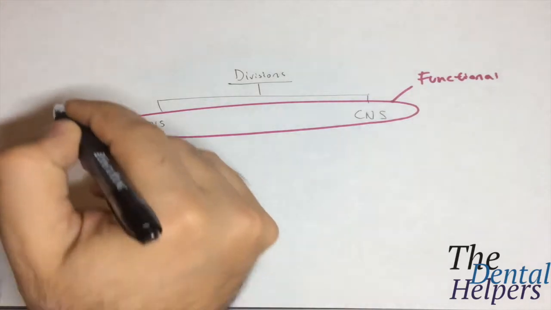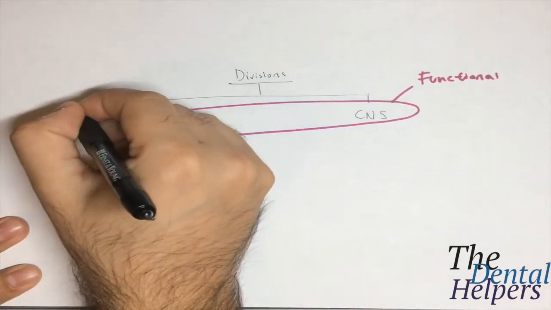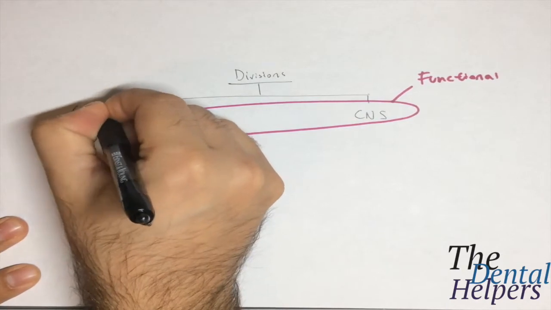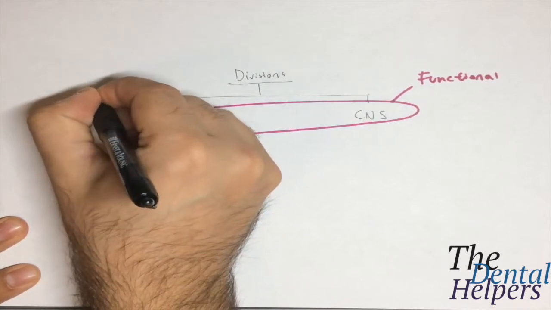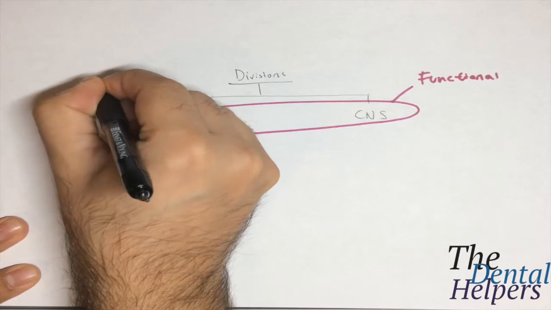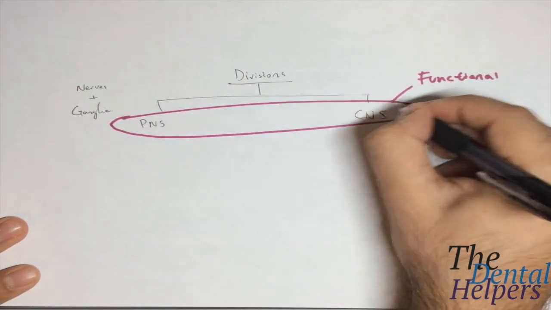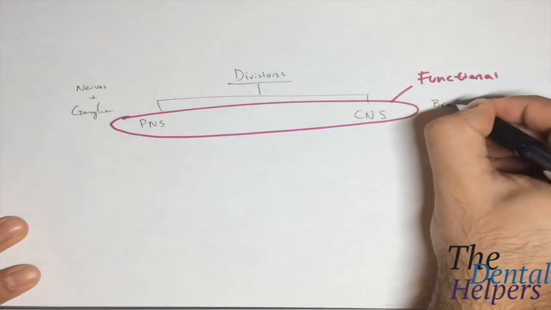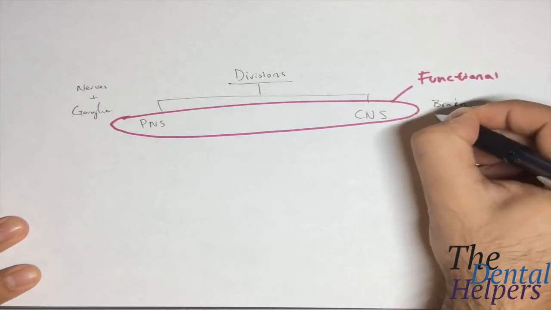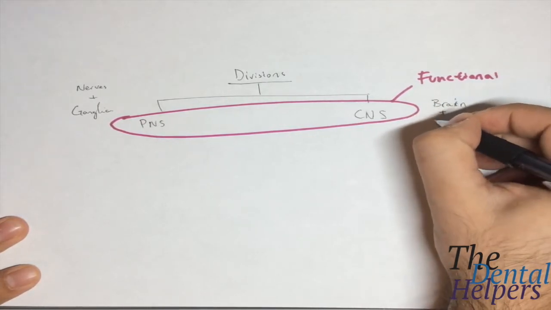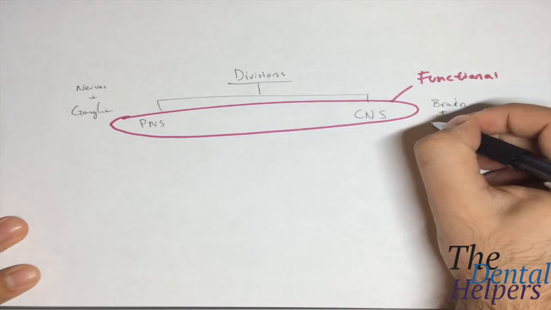And so if we look at the PNS, it's made up of ganglia plus nerves. And then if we're asked what makes up the CNS, that's the brain plus the spinal cord.